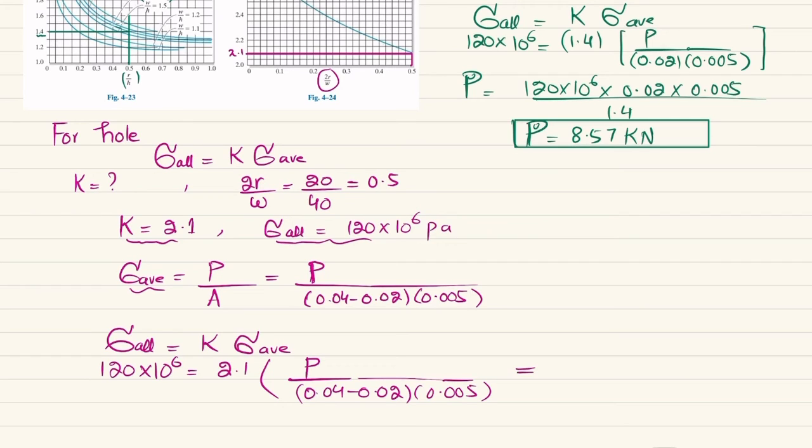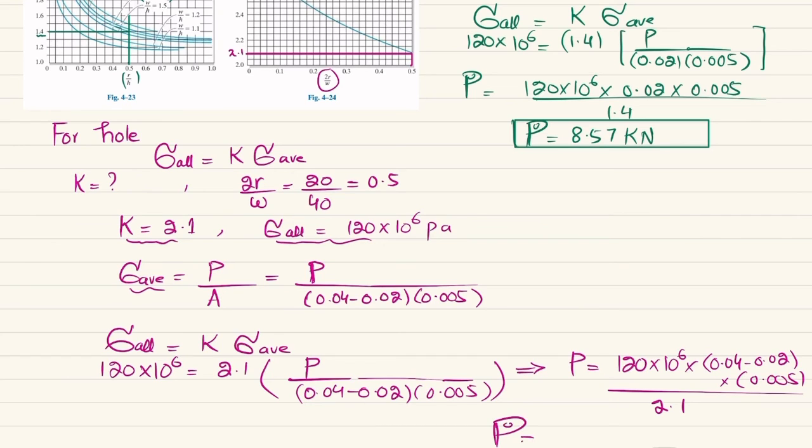Clear? And from here you will get P equal to 120 into 10 raised to the power 6 multiplied by (0.04 minus 0.02) multiplied by 0.005 divided by 2.1. So P will be equal to 5.71 kilonewton.